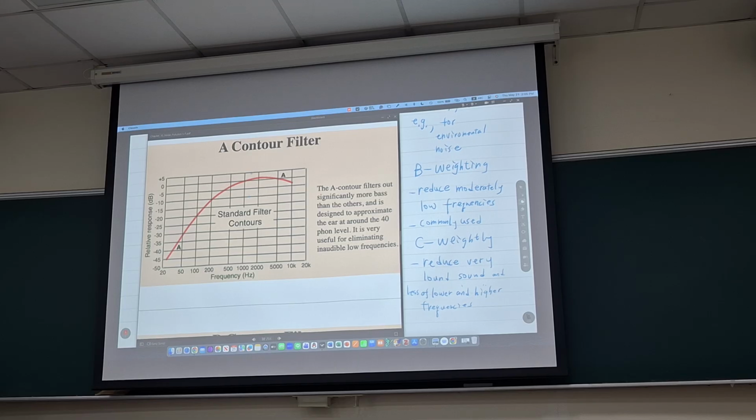So this we call contour filters. The A filter removes a lot of low frequency, especially bass. For example, low frequency noise such as deep bass or rumbling may have higher decibel values, but humans may not hear it very strongly.